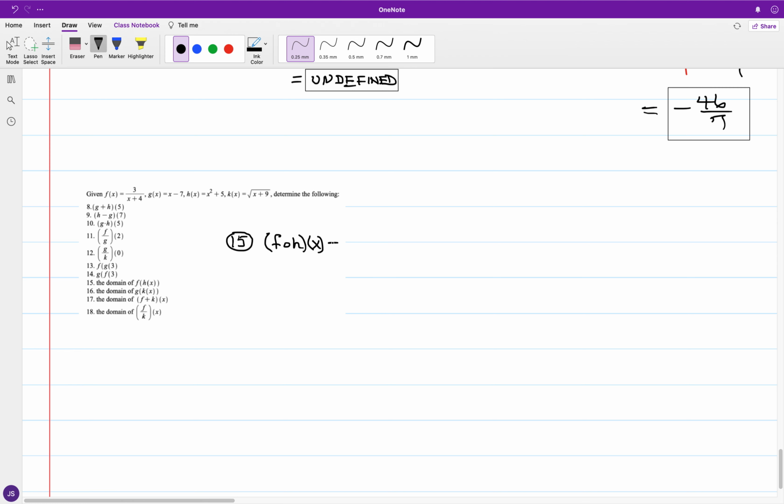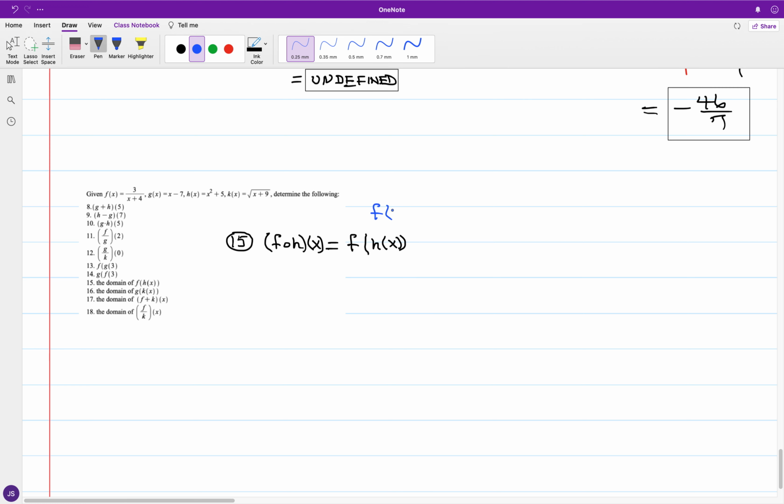And for the compact notation, I have f of h of x. Again, the follow-through operation will be in accordance with f of x.